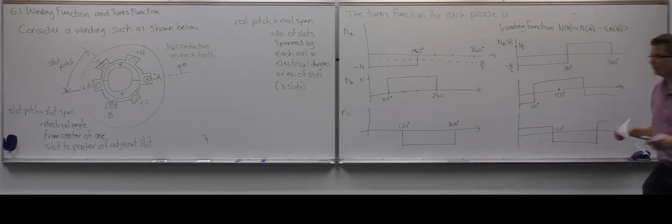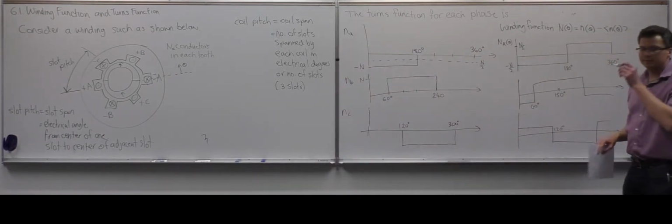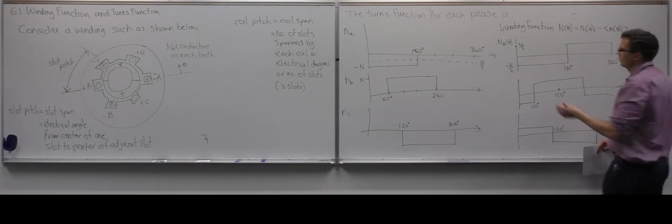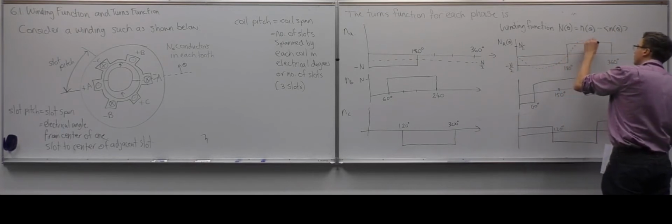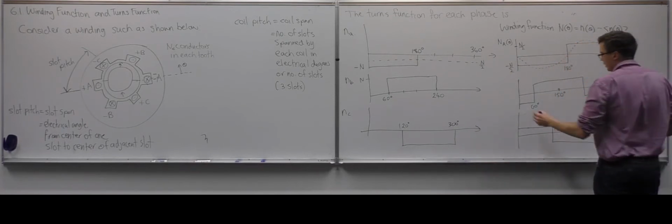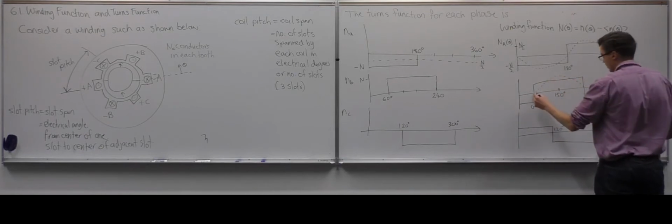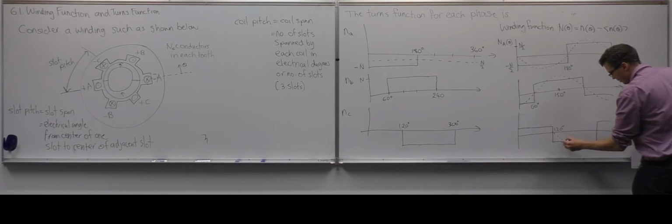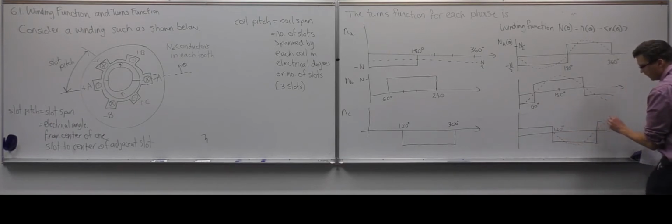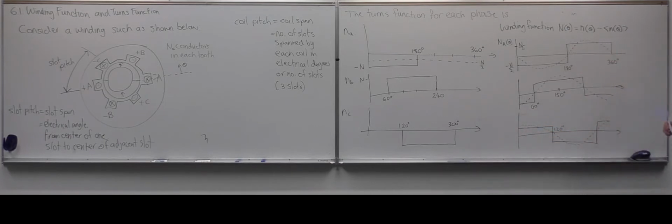Now if you look at those waveforms, they're square waves. But at the beginning we talked about having sinusoidal waves. So you can see that there is a fundamental here that we could put on here, like so. And so then this winding is not going to create an ideal set of three-phase windings field distribution.